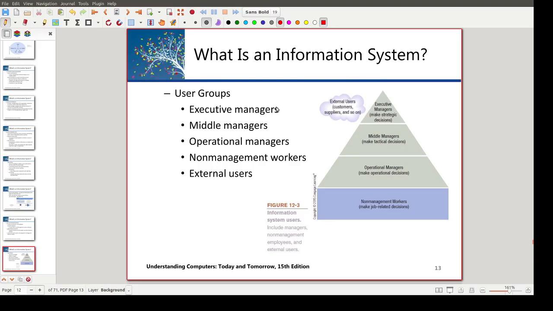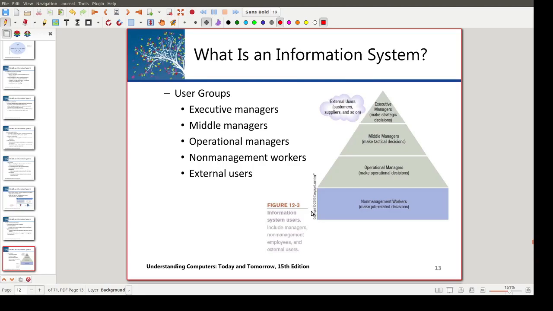There are executive managers on the top of the hierarchy. There are middle managers, who make tactical decisions. There are operational managers, who make operational decisions. There are non-management workers, who make job-related decisions, and there are external users who are, for example, customers, suppliers, and so on. They deal with this information system from the outside.